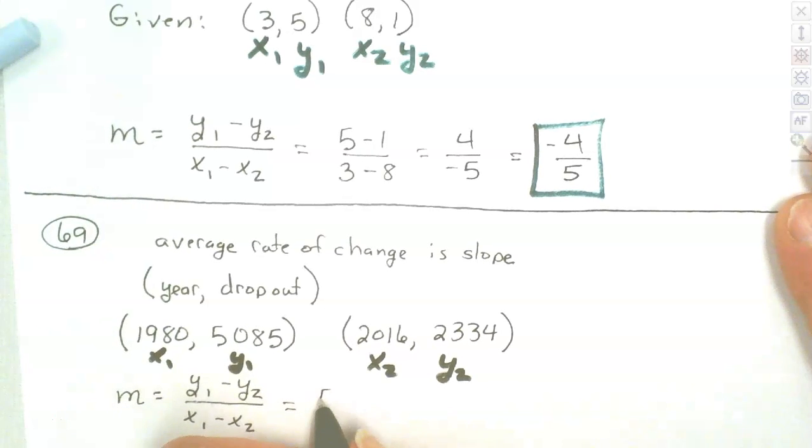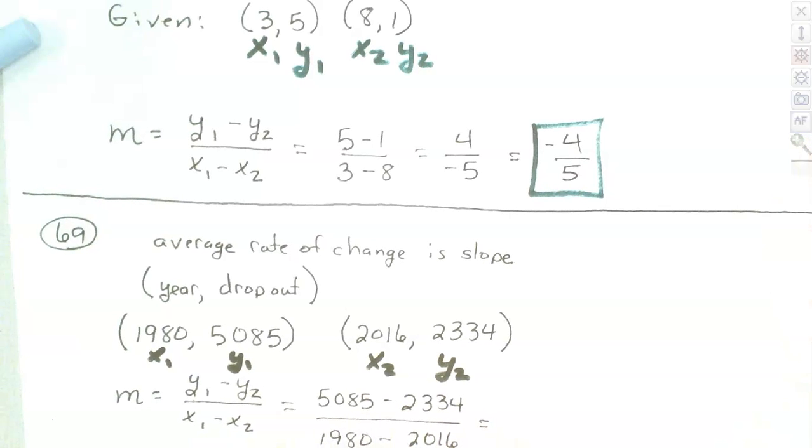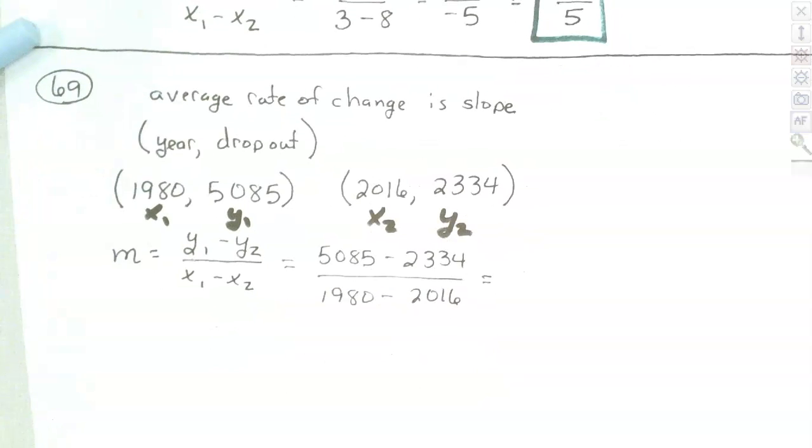So we've got 585,000 minus 2,334,000, and we're going to divide that by 1980 minus 2016. They want us to round to the nearest tenth of 1,000. We're going to find that value, and then talk about what that value means.